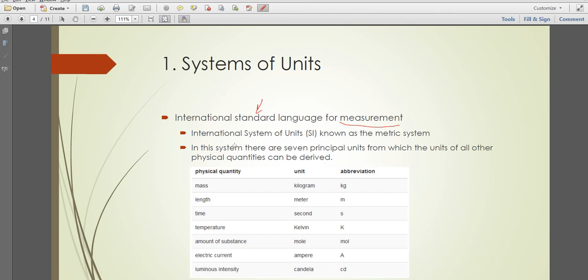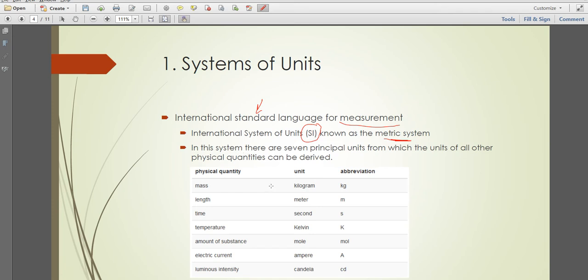They have to use this system of units to understand the measurement of physical quantities. The international system used is the SI system. They call it the metric system.